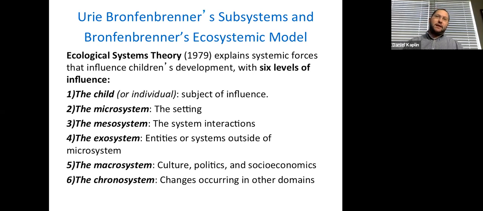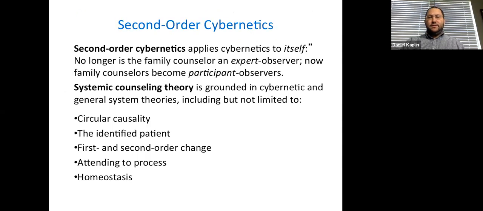Our values in the 1930s were different than our values in the 1960s, which are different than our values even today. So the chronosystem, or time by which a child is raised, could impact the development of the child. Okay, so that's the ecological systems or ecosystems.